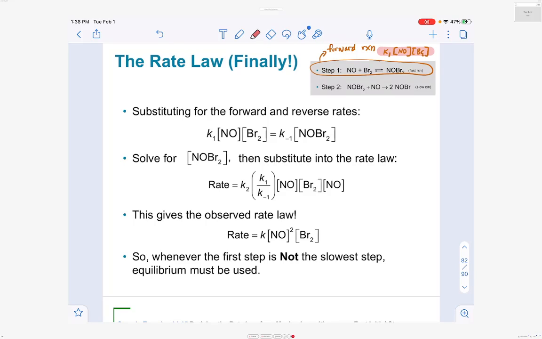The forward reaction rate law is going to be this.